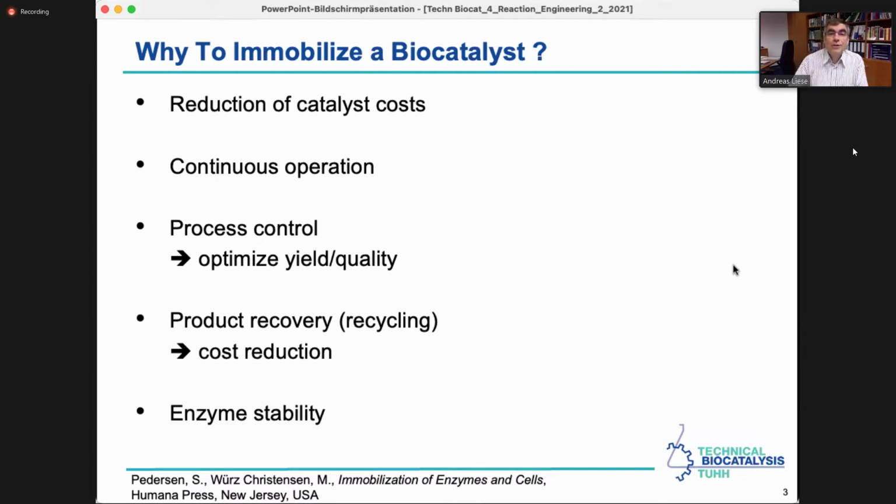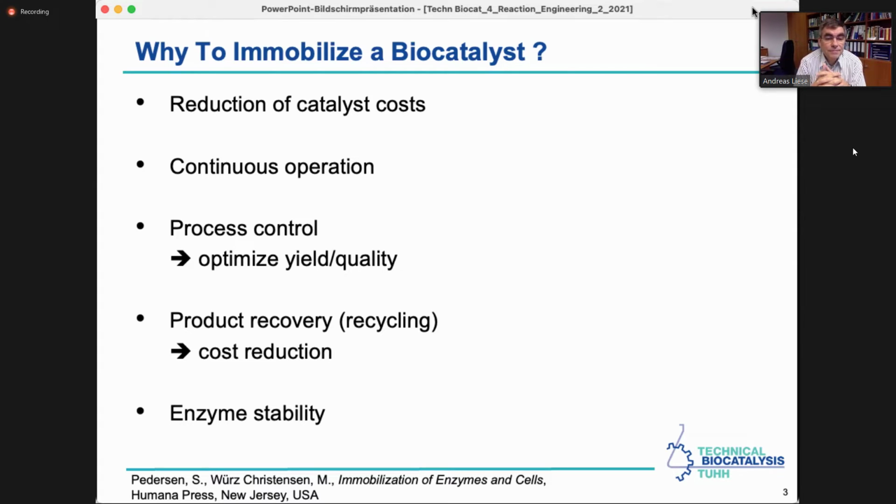So the question is, why do we want to immobilize at all? Well, motivations to do so could be reduction of catalyst costs, enabling continuous operation, easier process control to optimize yield and quality, but could also be even just using it in batch to have an easier product recovery by filtering off our catalyst easily as a heterogeneous carrier, and then just filter it off to recycle it or to spin it down, and have cost reduction by recycling of the biocatalyst or the product.